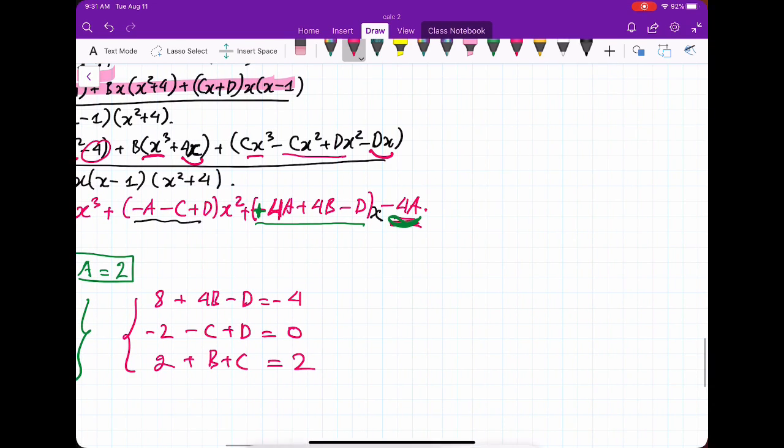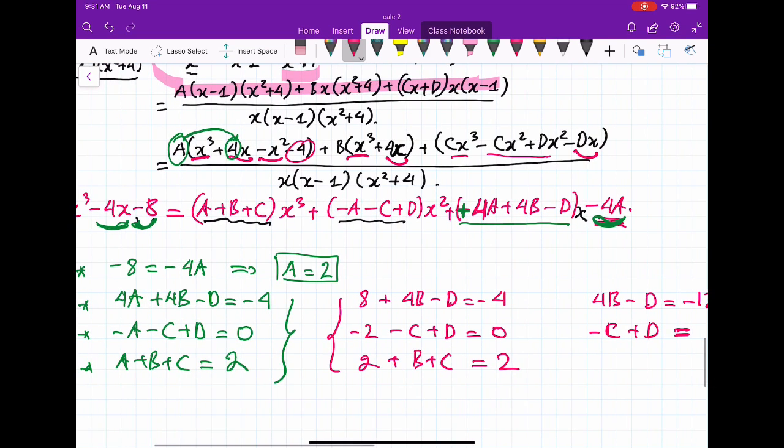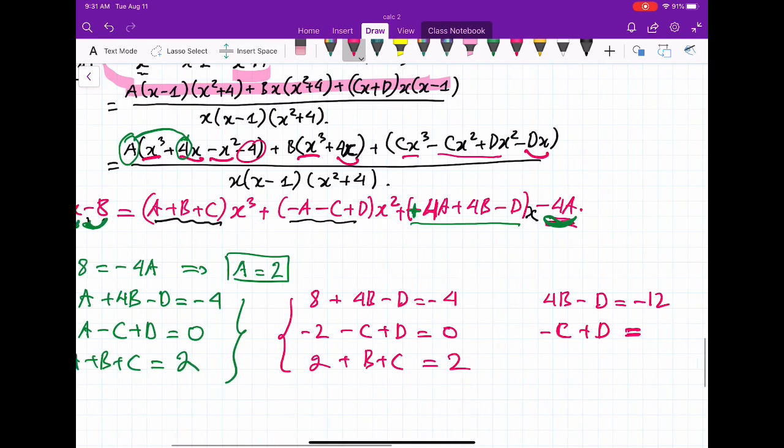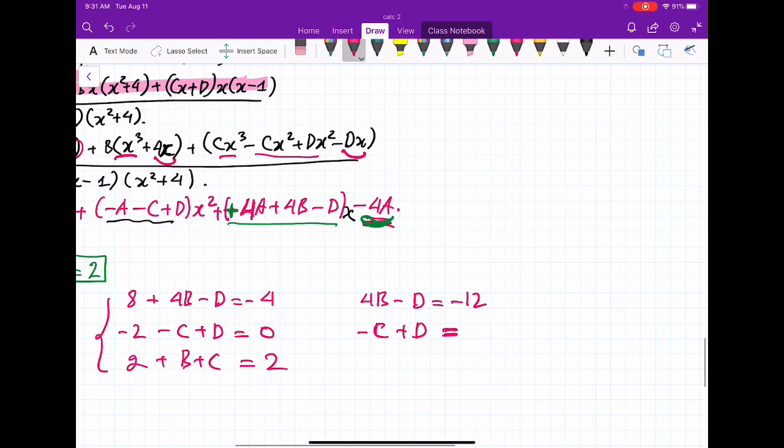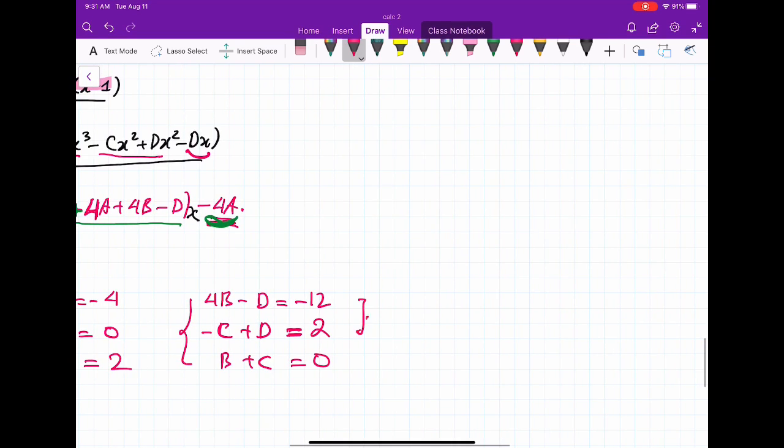So I have 4b minus d equal to negative 12, negative c plus d equal to 2, and then b plus c equal to 0. Now I add two equations here because I have negative d and d right here.